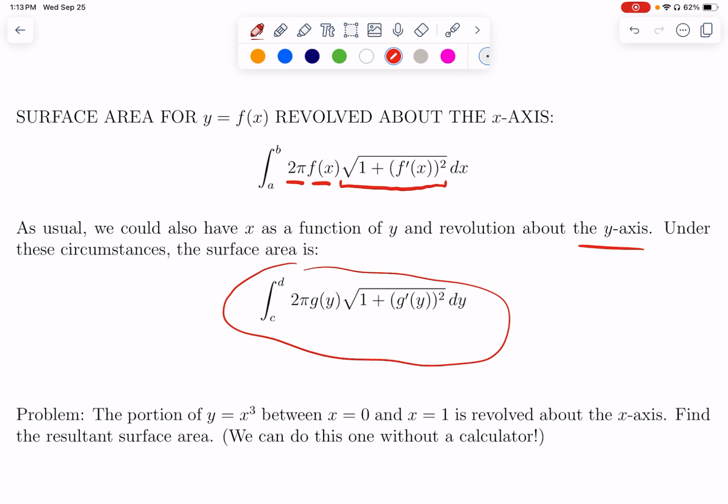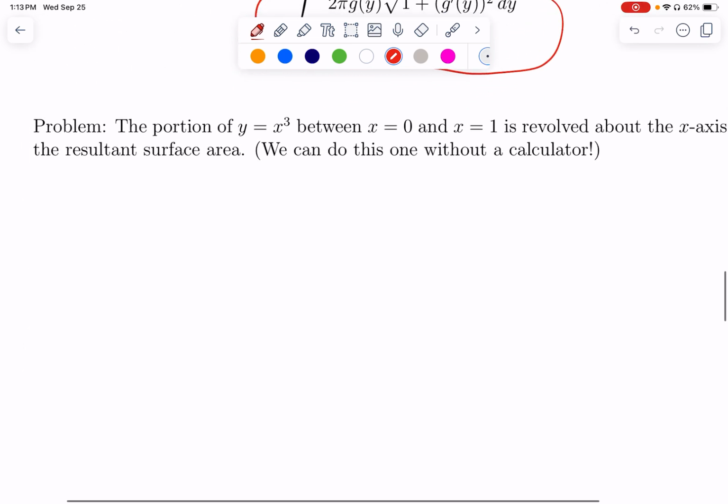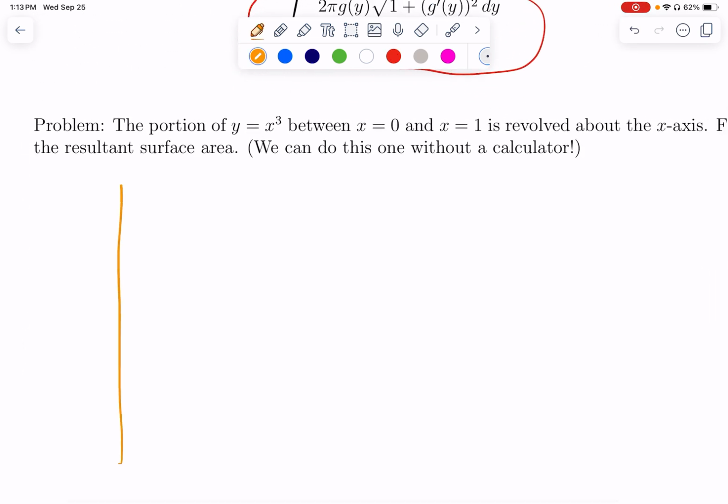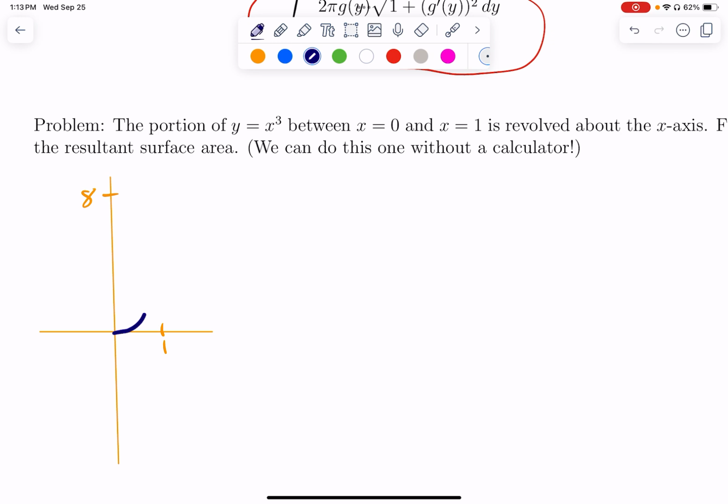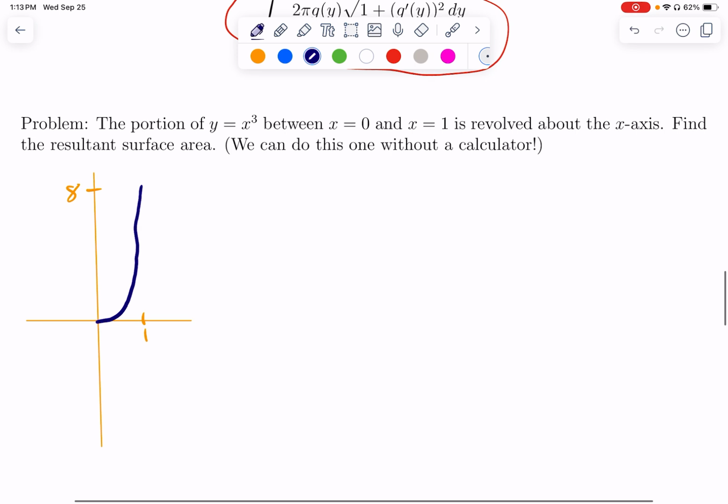Let's just do a couple of practice problems. Let's imagine we have the portion of y equals x to the third from 0 to 1, something like so. And let's imagine that I revolve that about the x-axis. So maybe you can imagine, what does this look like?